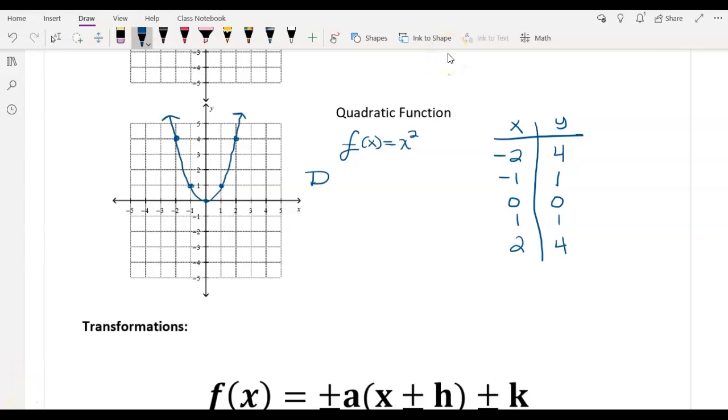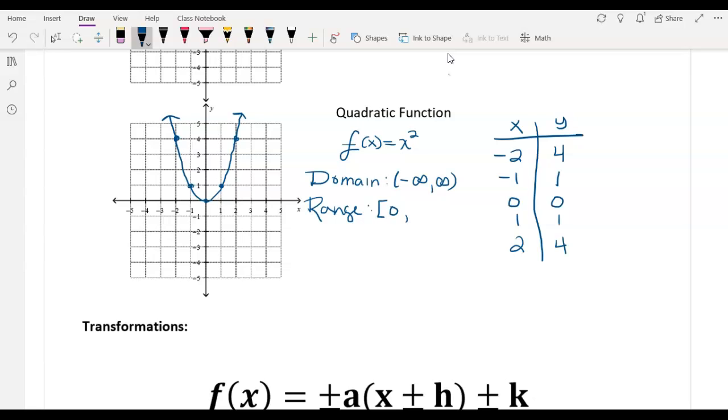So looking at our domain, notice, if this graph were to continue on in the positive x direction, would it stop? It wouldn't. And the same with the negative x. It wouldn't either. So our domain is -infinity to infinity as well. Our range, our smallest y, starts at 0.